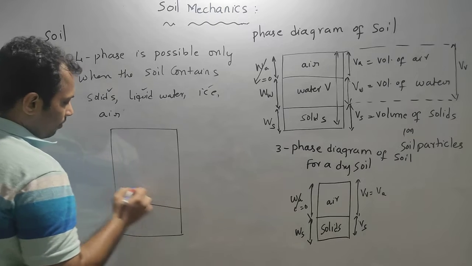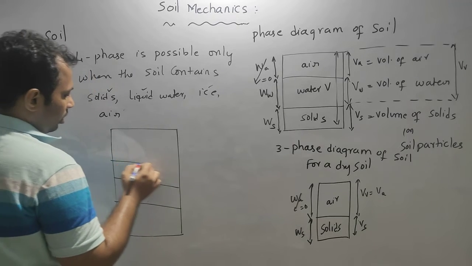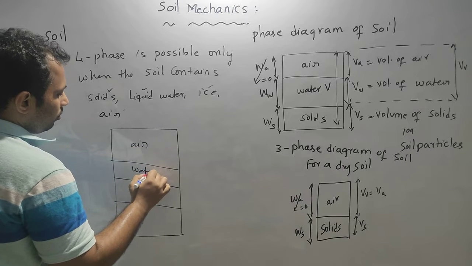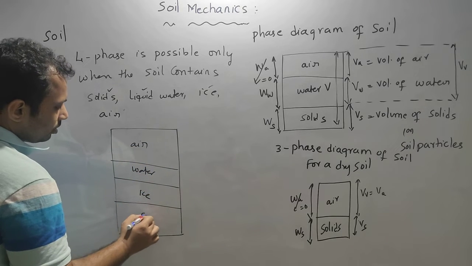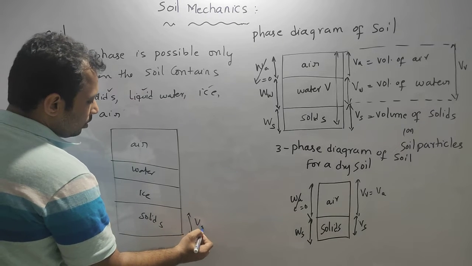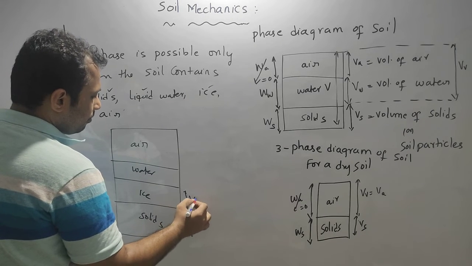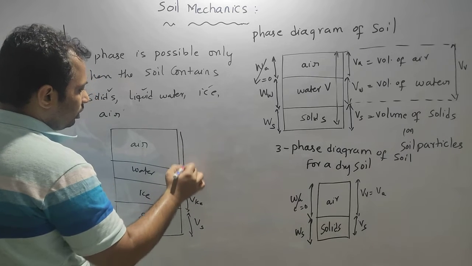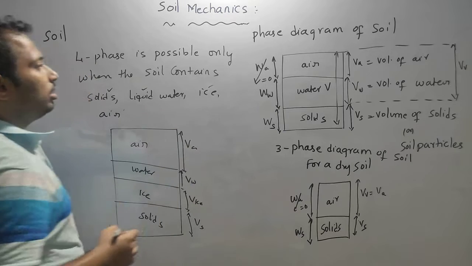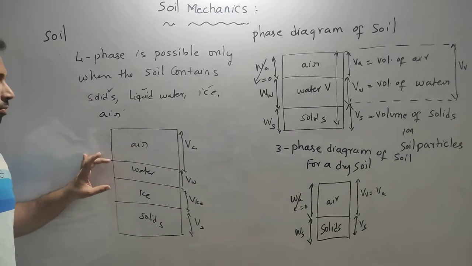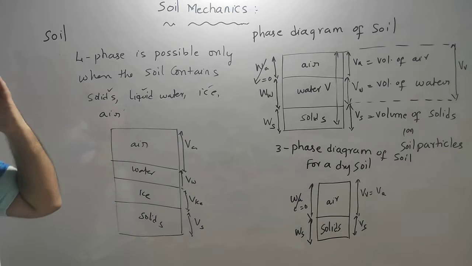See here, solids, water, ice and air. So this is a four-phase diagram. It is also possible, provided that the water is also containing some amount of ice in it.